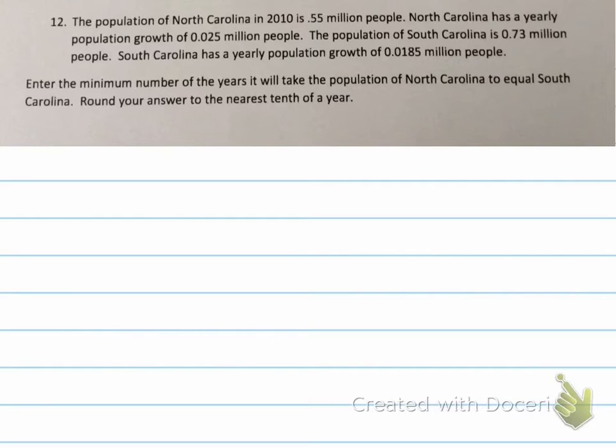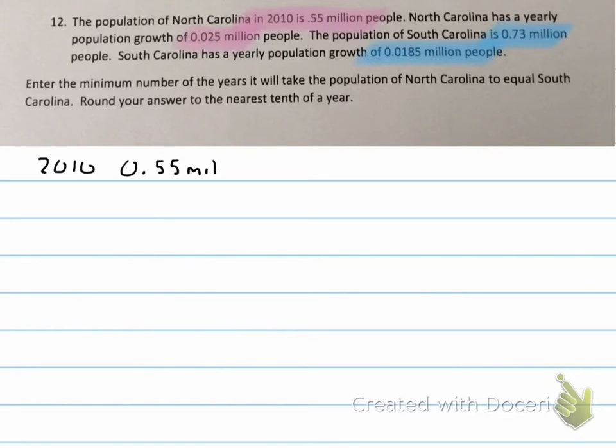North Carolina has a yearly population growth of 0.25 million people. The population of South Carolina, choose a different color, is 0.73 million people, and South Carolina has a yearly growth of 0.185 million people. Enter the minimum number of years.